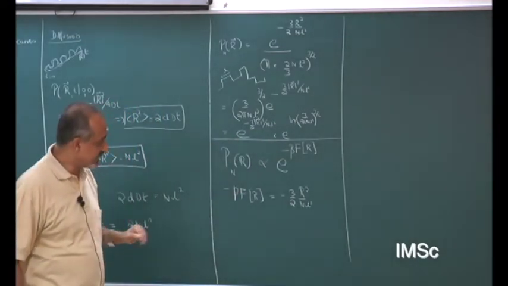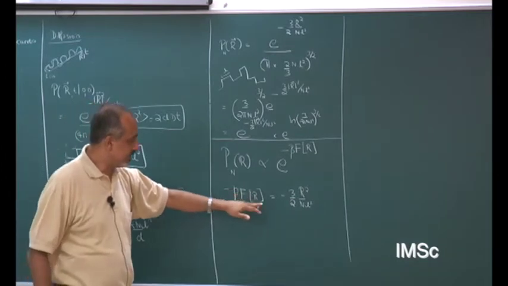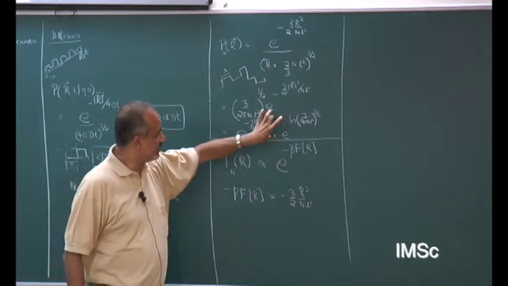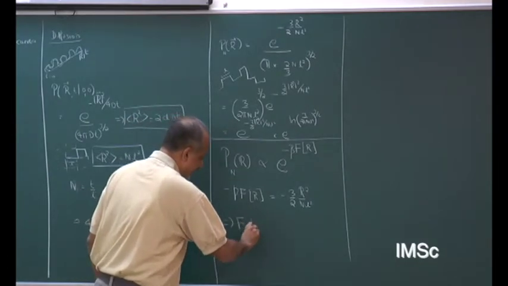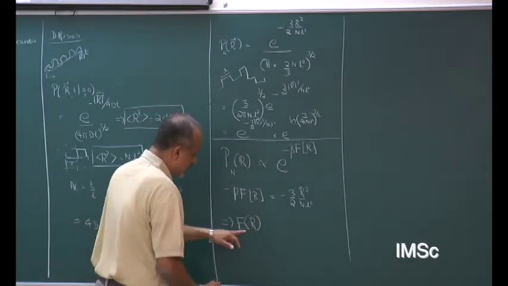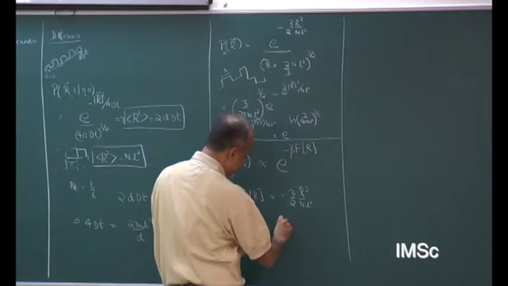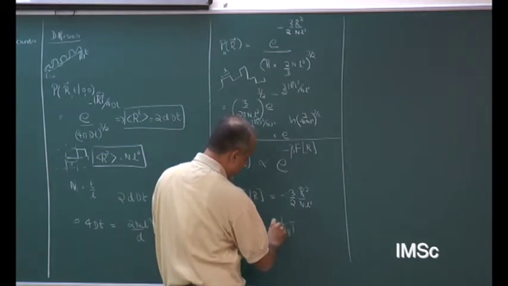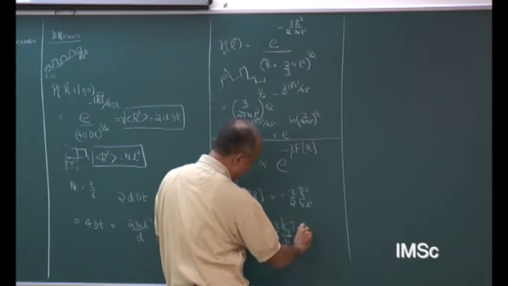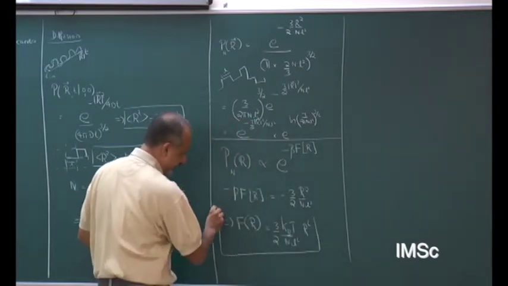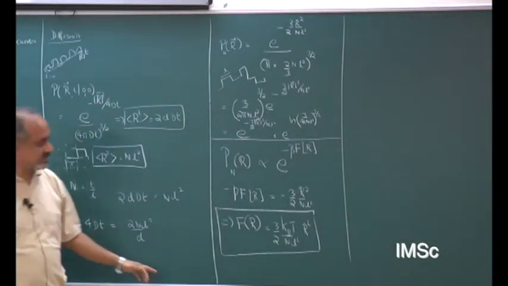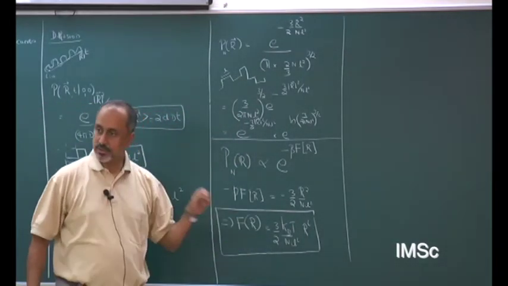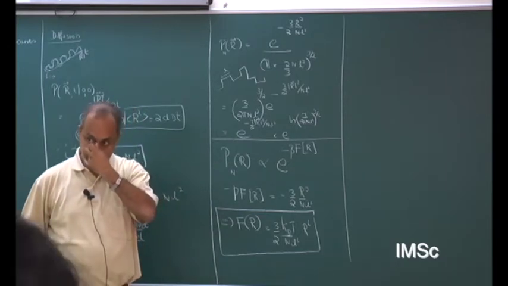So once I understand that, I can write minus beta F of R as this, just relating this object to this object here, which implies that the free energy associated with the polymer with an end-to-end separation R is just kBT times 3 divided by 2 n L squared times R squared. Okay, so that's our basic result, that the free energy is quadratic as a function of R, the end-to-end distance.